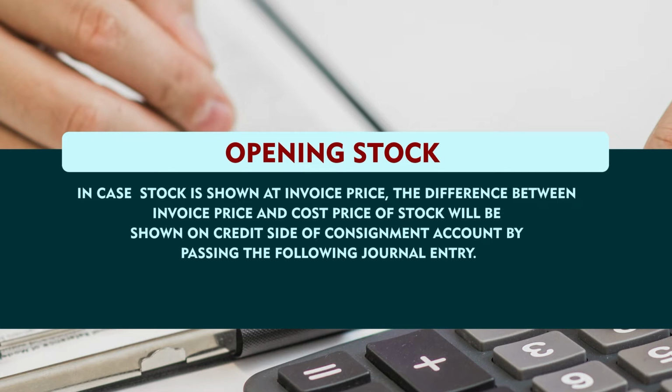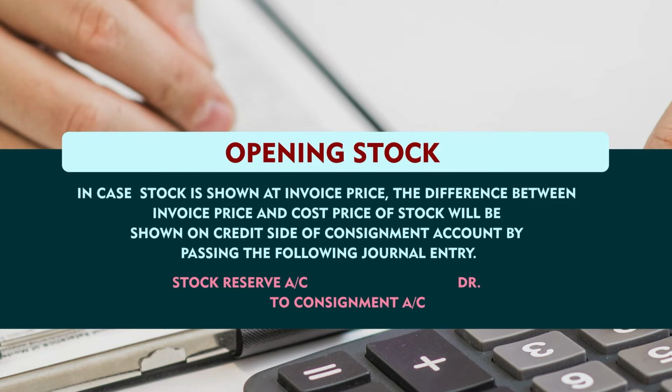So, one suggestion to the learners is that loading will always be reflected on the opposite side. For example, in the consignment account, opening stock is reflected on the debit side. Therefore, any loading included in the opening stock will be shown on the credit side of the consignment account.